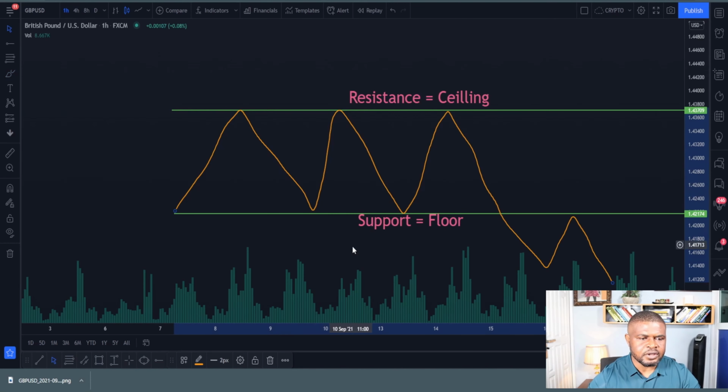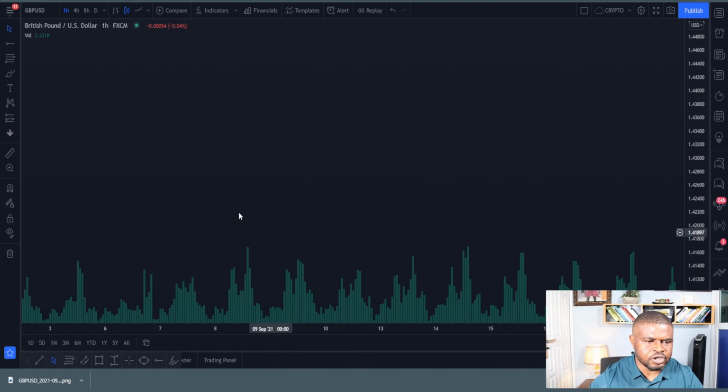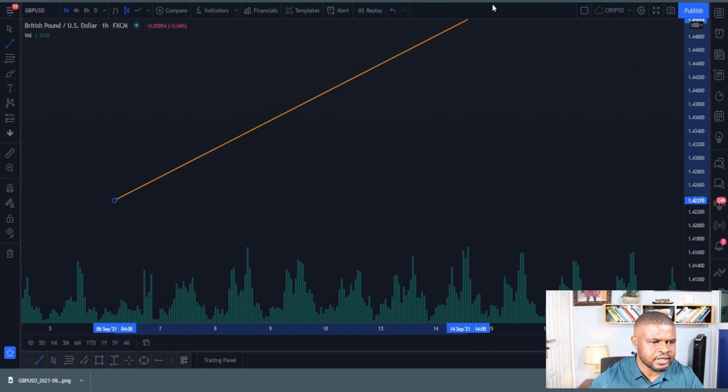Another condition we can find here is the vertical condition, right?